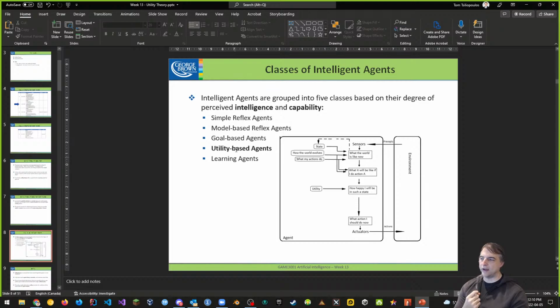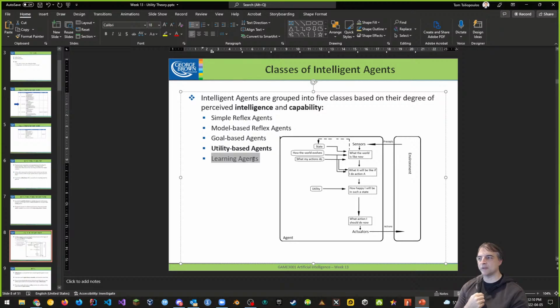Learning agents, if you notice, are the fifth of the 5 classes of AI agents, with each class being more capable and intelligent than the next. The one we're going to talk about near the end of the semester is called learning agents, which give you the ability to learn from your environment.